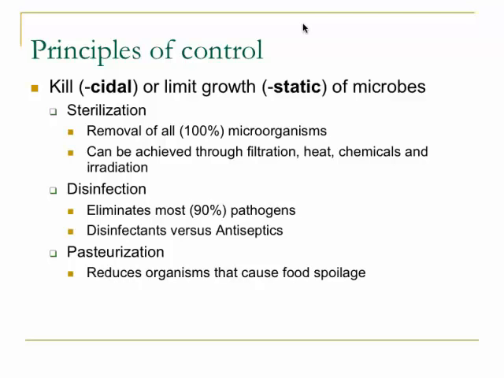Now, one of the ways that we can control microorganisms through the use of heat is pasteurization. So this is very high heat for a short period of time. It doesn't give any specific reduction in the amount of microorganisms, but it reduces them to a safe level. So while we don't know whether it's 50% reduction or 60% reduction, we know that it's reducing it to a safe level that slows the process of food spoilage.